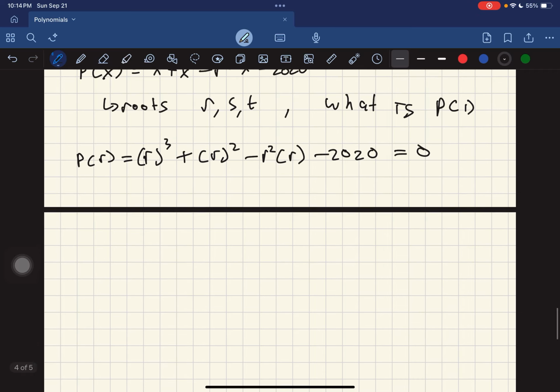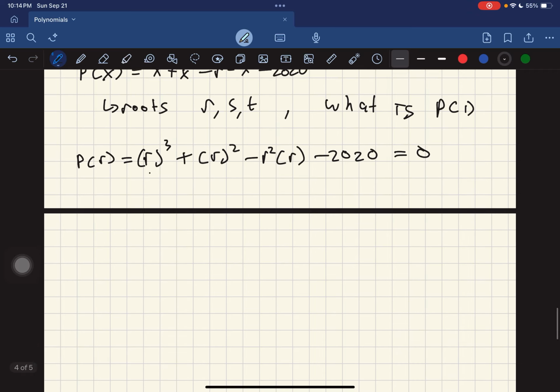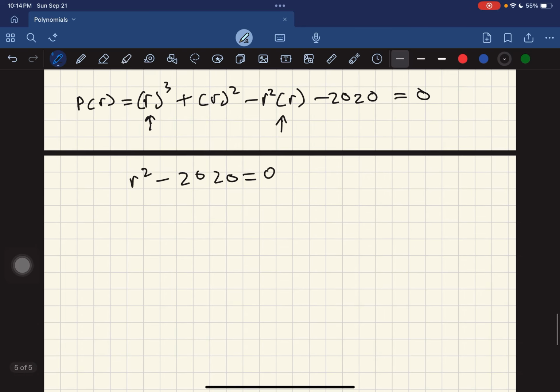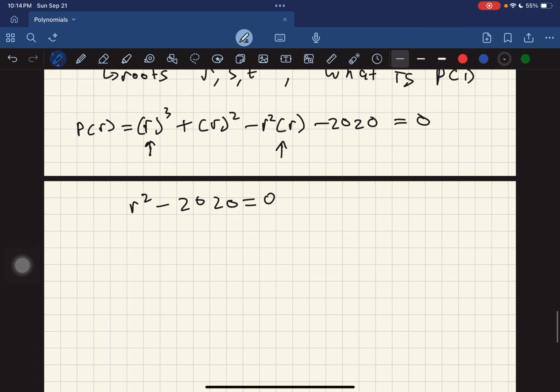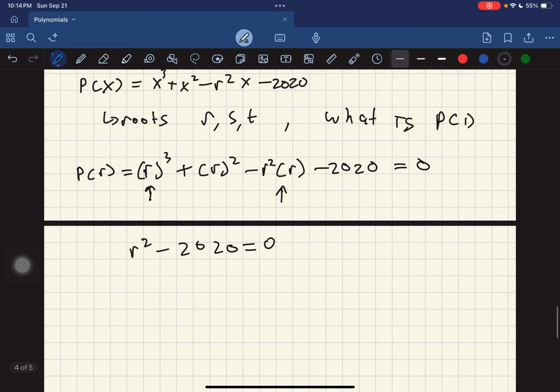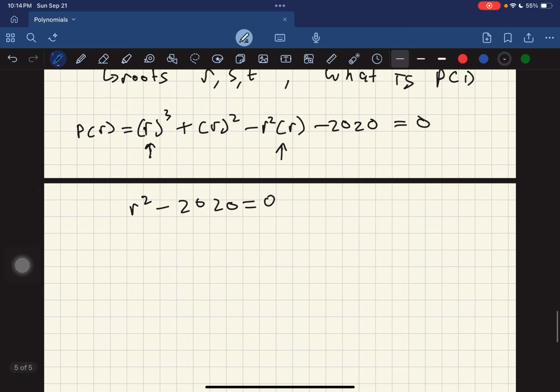We can also notice that these terms cancel out, so it just becomes r squared minus 20 equals 0. We don't even need to evaluate r equals positive or negative square root of 20, because we want to find P of 1. We already see that this coefficient here is just r squared, so we just substitute this immediately: r squared equals 20.